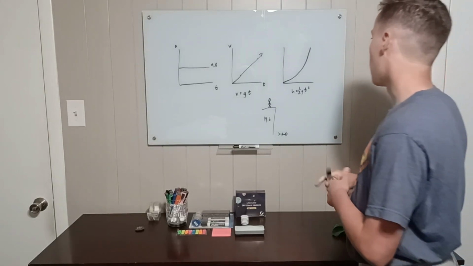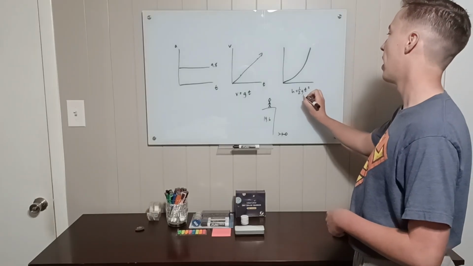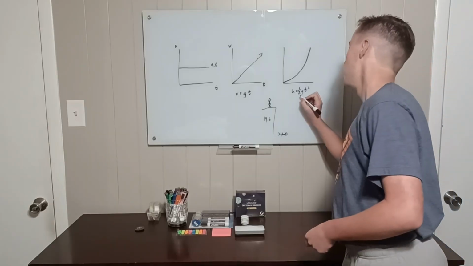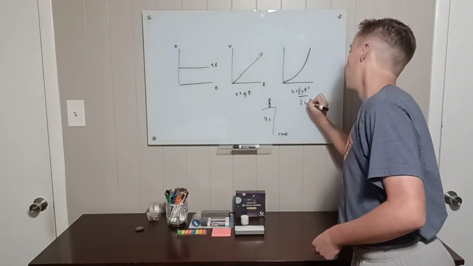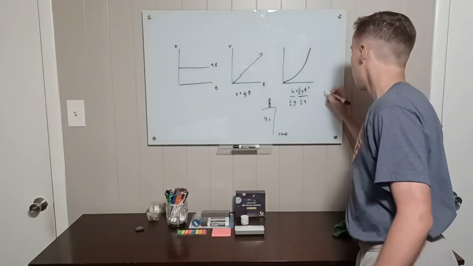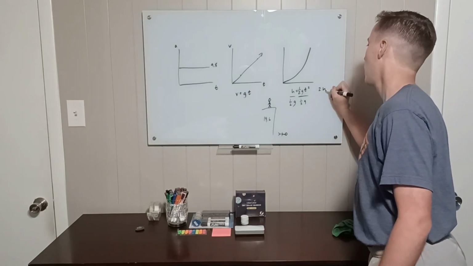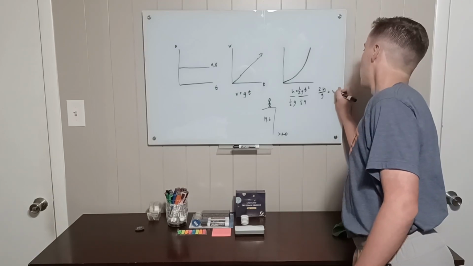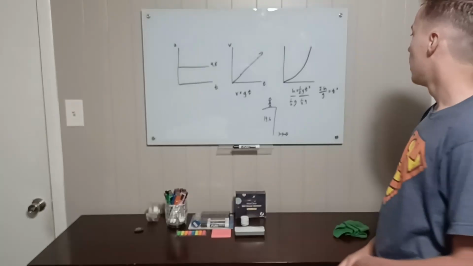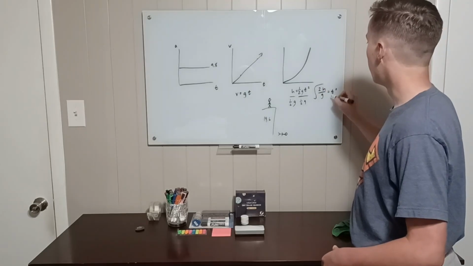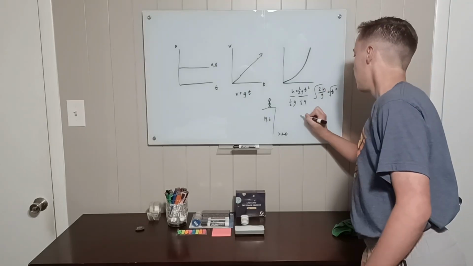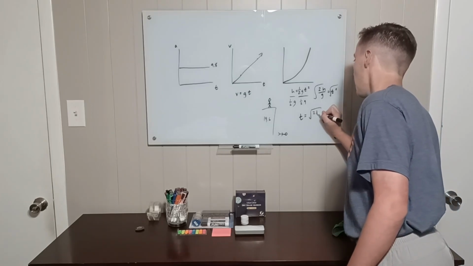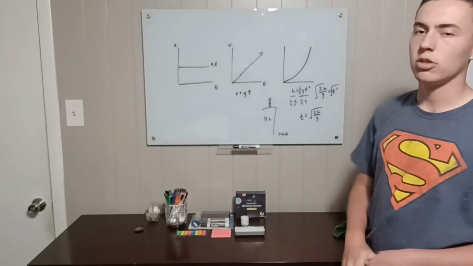And so if our original equation is height equals 1/2 gravity times time squared, we can divide both sides first by 1/2 gravity, which would give us 2 times height divided by gravity equals time squared. And now if we take the square root of both sides, we find that time equals the square root of 2 times height divided by gravitational acceleration.